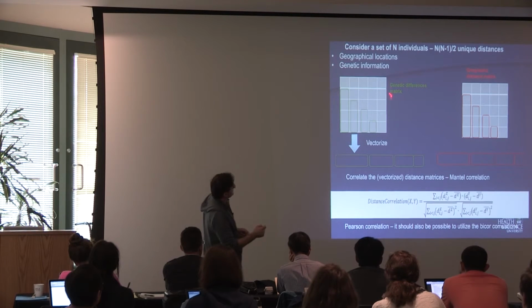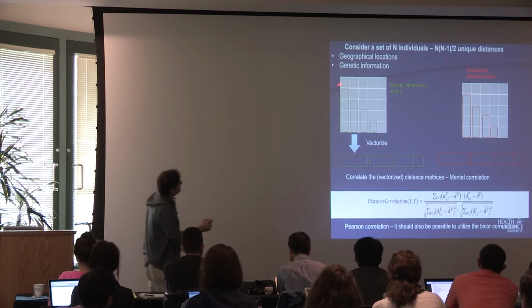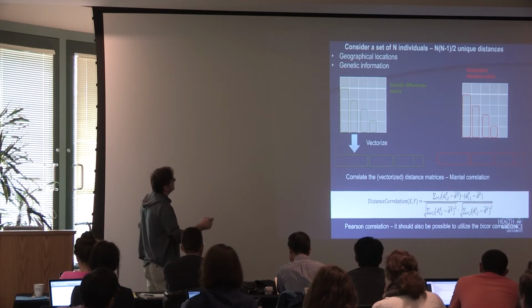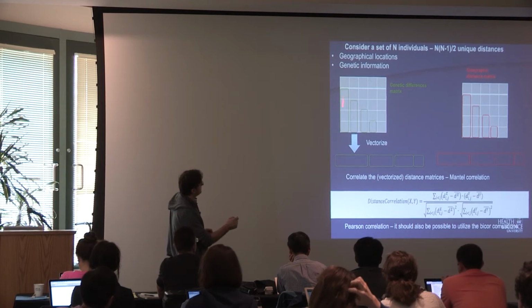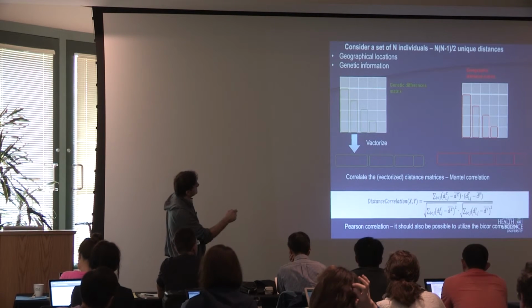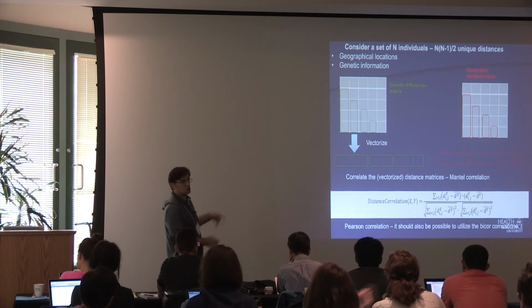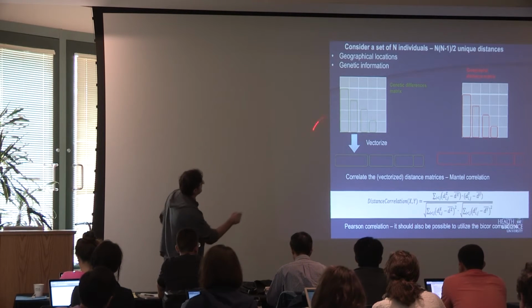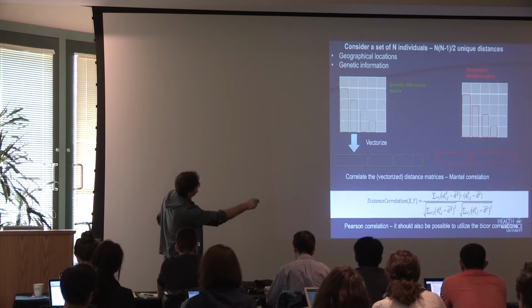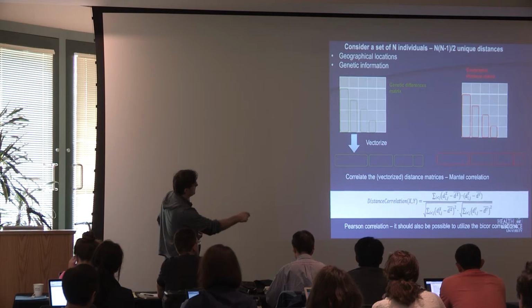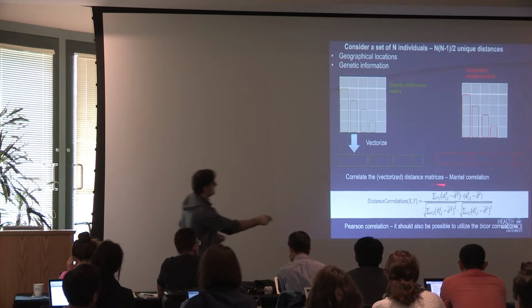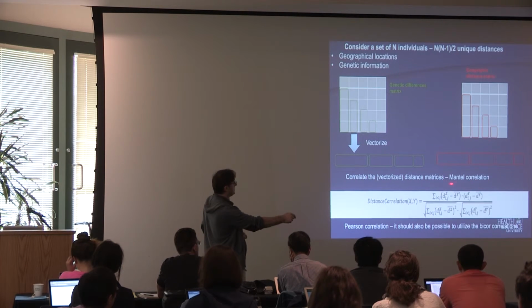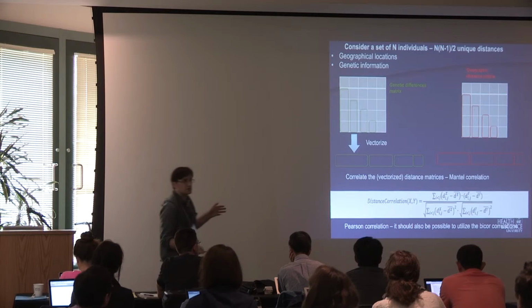I have my genetic differences matrix, and it's symmetric, and I vectorize it. That means I take all the unique distances. I'm not interested in the diagonal because it should be 1 or 0. Then I put this in a vector. If I have another matrix, I do the same thing and correlate the vectorized distance matrices, and that's the Mantel correlation.